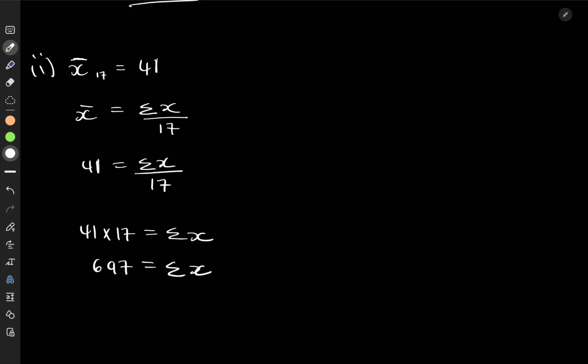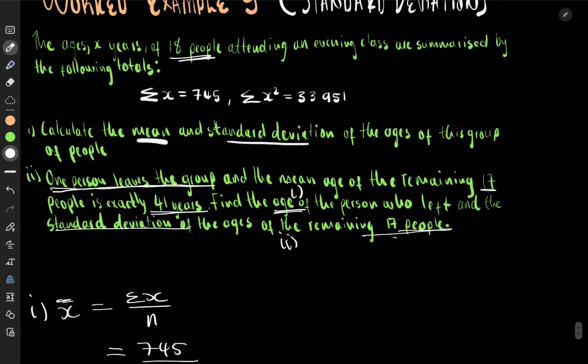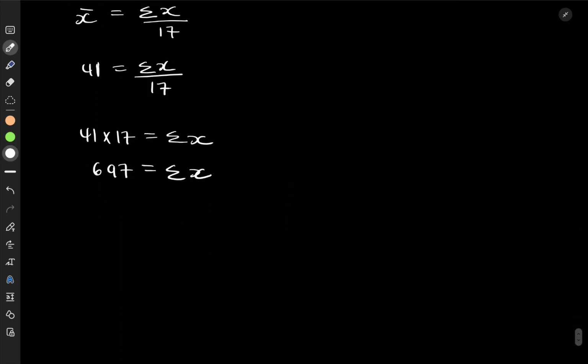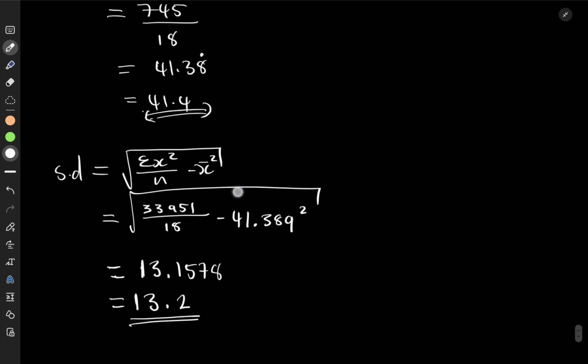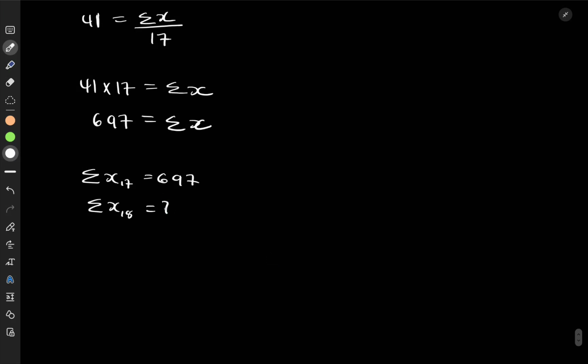So I now have 17 after one person has left, and my sum is 697. What was my sum when this person was there? My sum was 745. So I can say that sum of 17 is 697. Sum of 18 values would be, is it 745? Yeah, it is 745.